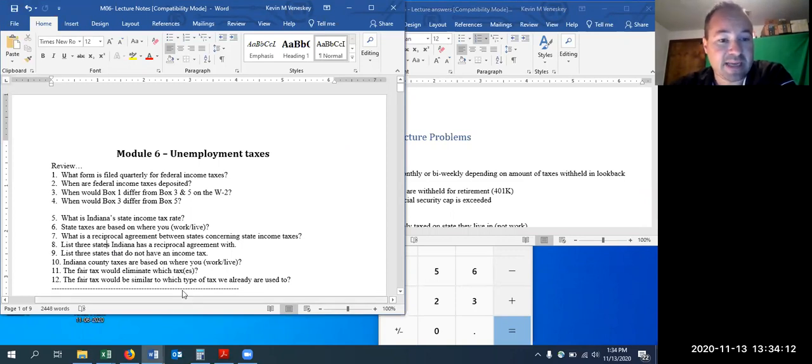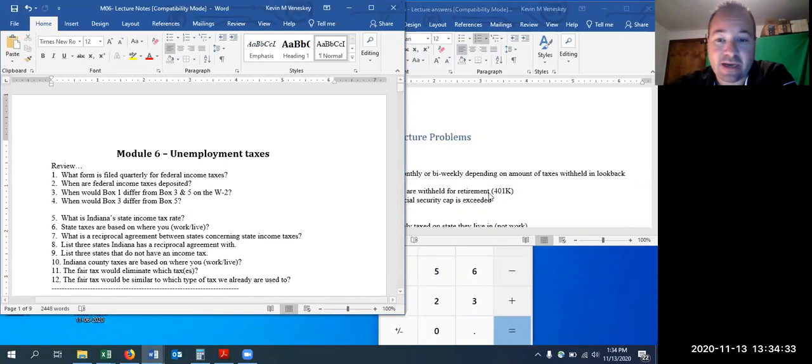List 3 states Indiana has a reciprocal agreement with. All right, so the 3 states, any state around us except Illinois, those are the 3 easiest ones to remember. So Ohio, Michigan, and Kentucky have a reciprocal agreement with us. There's also Pennsylvania and Wisconsin, if you wanted a couple extras. Illinois does not.